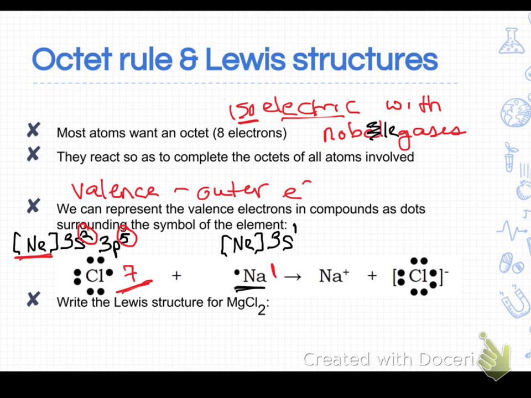On the other hand, looking at sodium, it only has 1 electron, so it's pretty easy to give that up, and when it does, it has the same electronic structure as neon. So in order for these two things to react together, this electron on the sodium is going to go over here and fill in that empty spot on the chlorine.